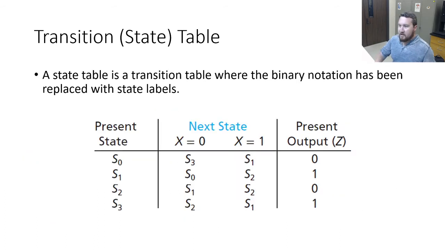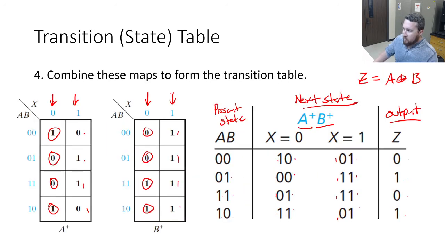So finally, the last step, or the second to last step, is a state table. A state table is a transition table, but we've taken the binary notation and replaced it with what we call state labels. So if I go back to the previous one, despite the fact that they're in gray code, I'm still going to list them as state 0, state 1, state 2, state 3.